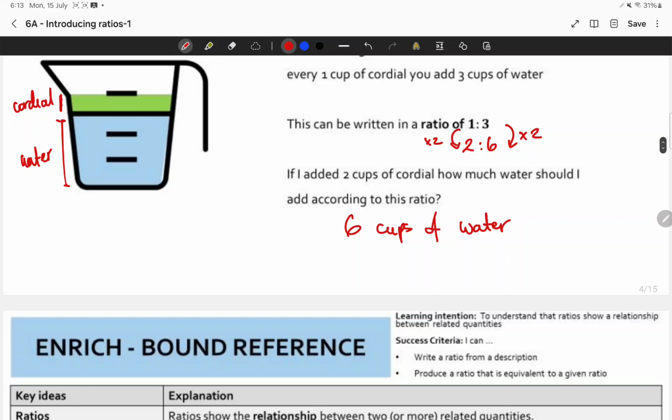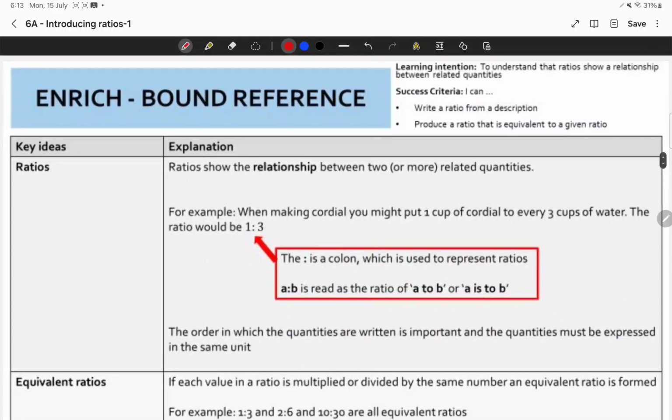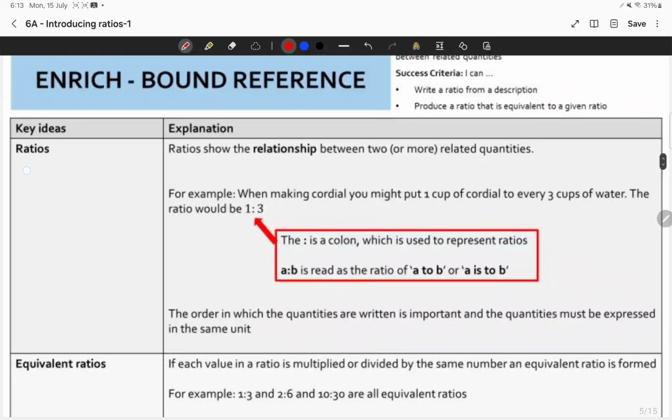Okay, we'll move on to the bound reference notes. I'll get you guys to pop this into your bound reference, please. So the ratios show a relationship, so that's the key word there, between 2 or more related quantities. For the meantime, we are going to be focusing on 2, but you can do more than 2 quantities. For example, this is what we talked about with the cordial illustration just before.